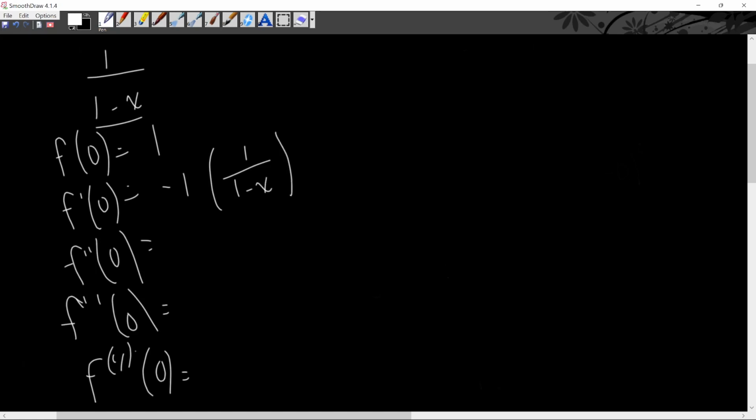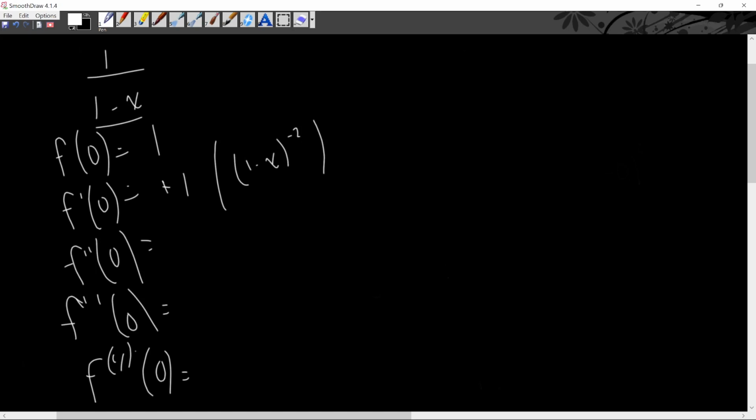Let's see. Okay, let's break this down even further. So this is 1 minus x to the negative 2, right? And then this becomes still positive 1. I know what this looks like. This is positive because if you do this derivative, you're going to get a negative 1.